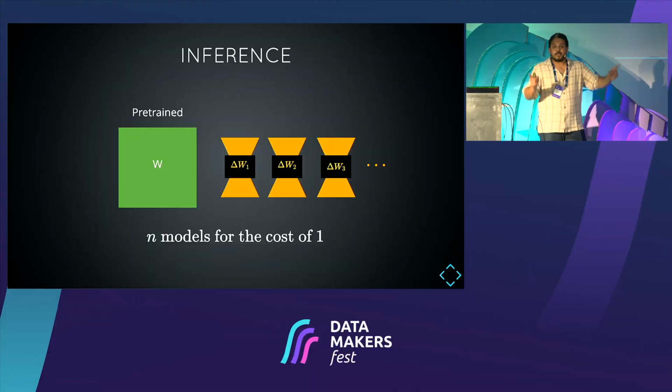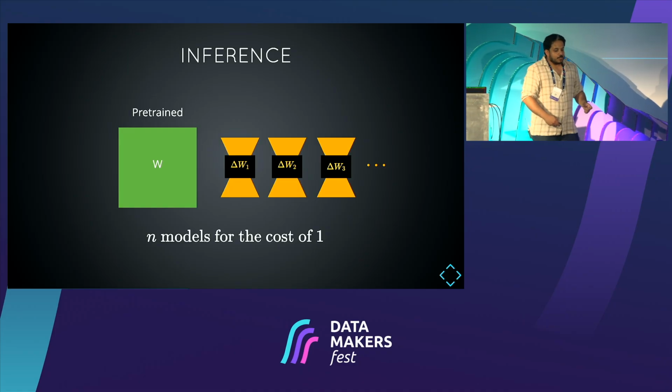For example, if you take a BERT model, I'm just going to use that as a baseline, an adapter trained on a BERT model is 1.2 megabytes with a rank of 8 or something, whereas a BERT model on its own is about 500 megabytes. So your whole data set is compressed in that 1 megabyte adapter, and you can deploy n models for the cost of 1.